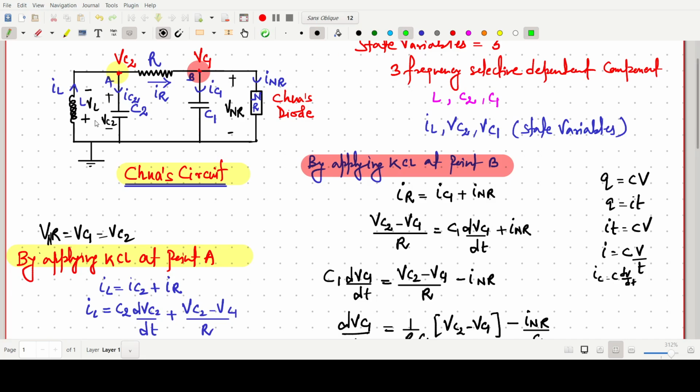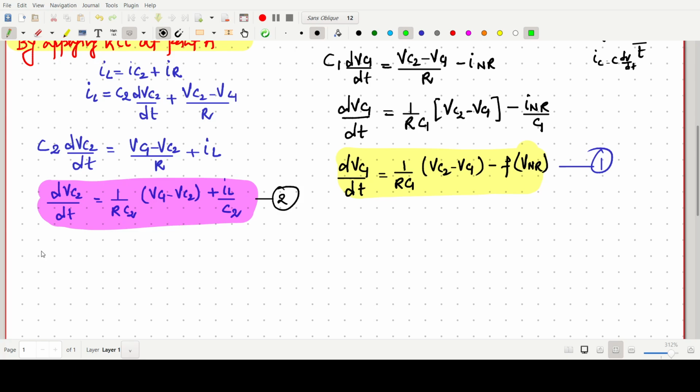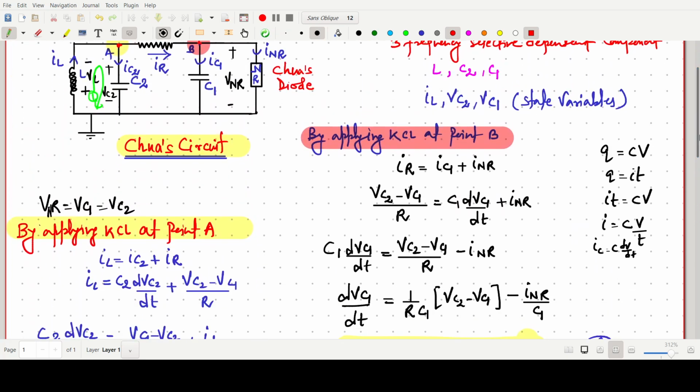And if we apply KVL in this loop 1, for the third equation, by applying KVL in loop 1, what we can write is minus VL minus VC2 equals to 0.